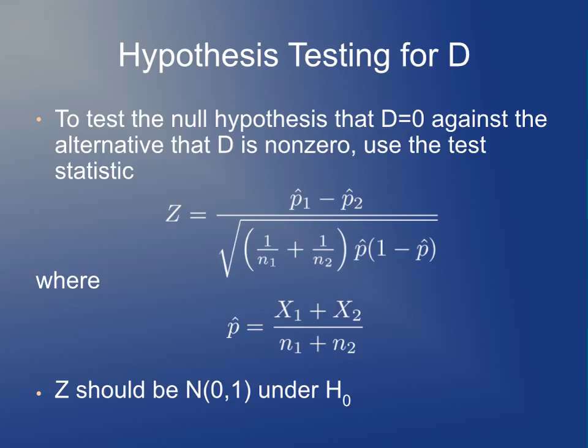The reason for this is that under the null hypothesis, the two proportions are equal, so p1 equals p2, so you can just factor p hat times (1 minus p hat) out of the denominator, where p hat is the pooled proportion. Take the count of successes added together divided by the total number of trials, and that should be normally distributed under the null hypothesis. Again, R will do this for us. Don't worry too much about the details.